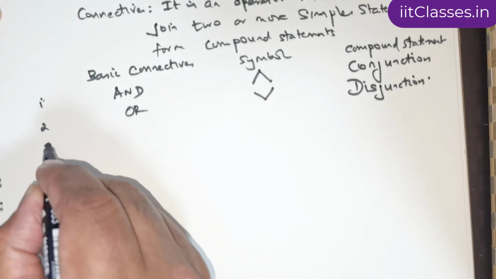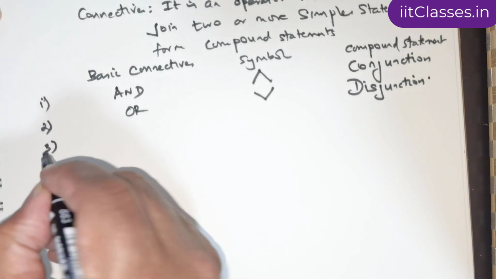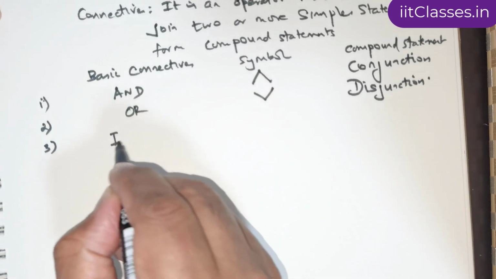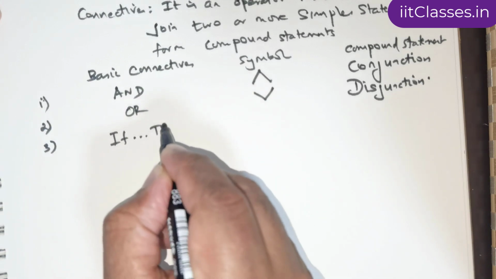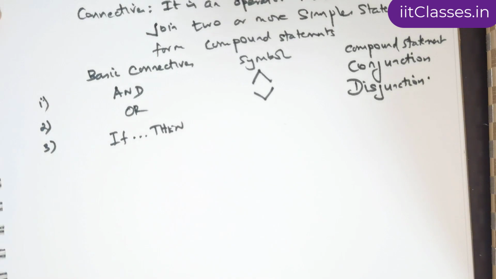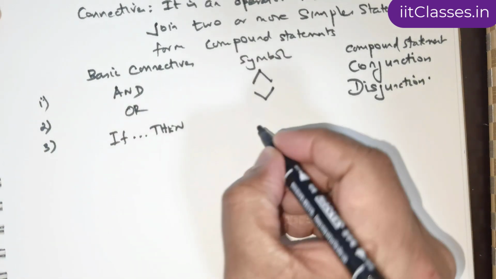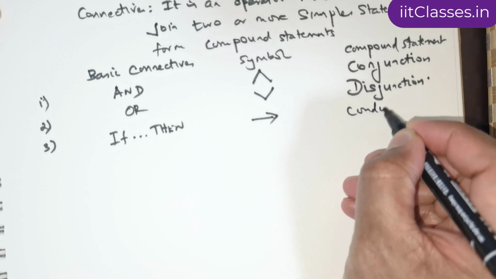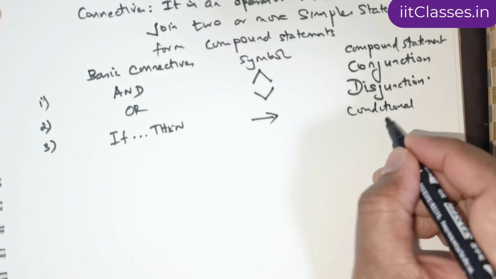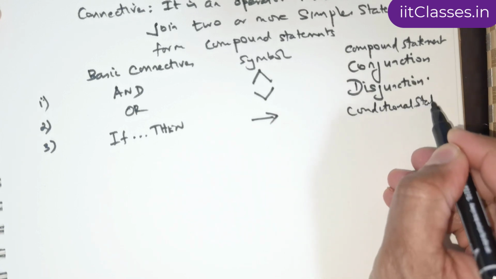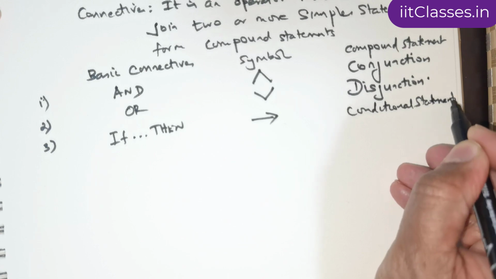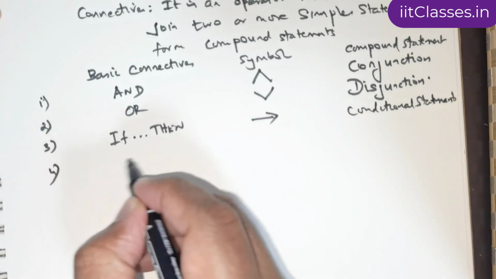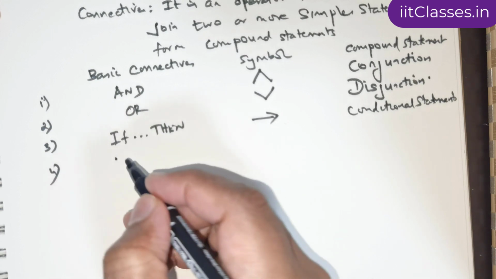Number 3 is called the if-then operator. The representation is as follows, and we call it a conditional statement. We create conditional statements using if-then. And the fourth one is called biconditional.